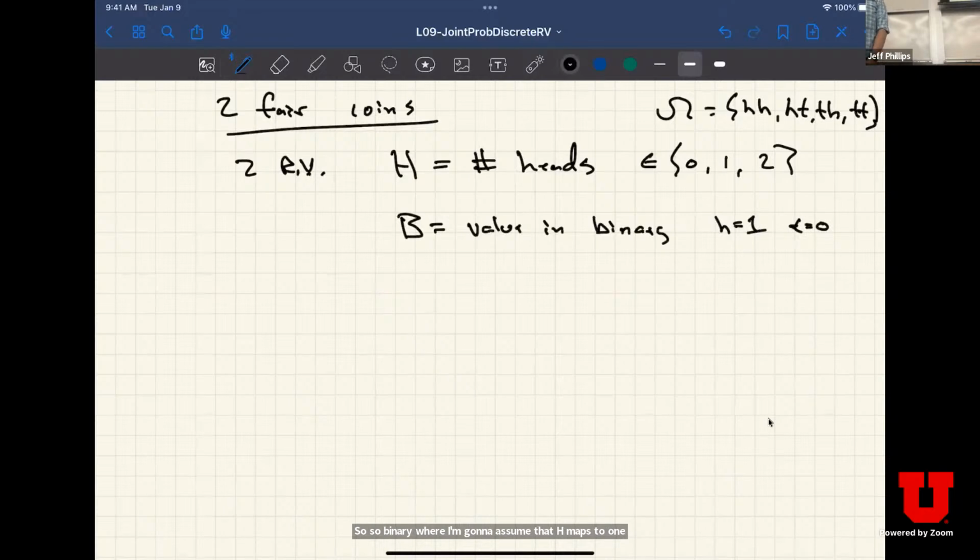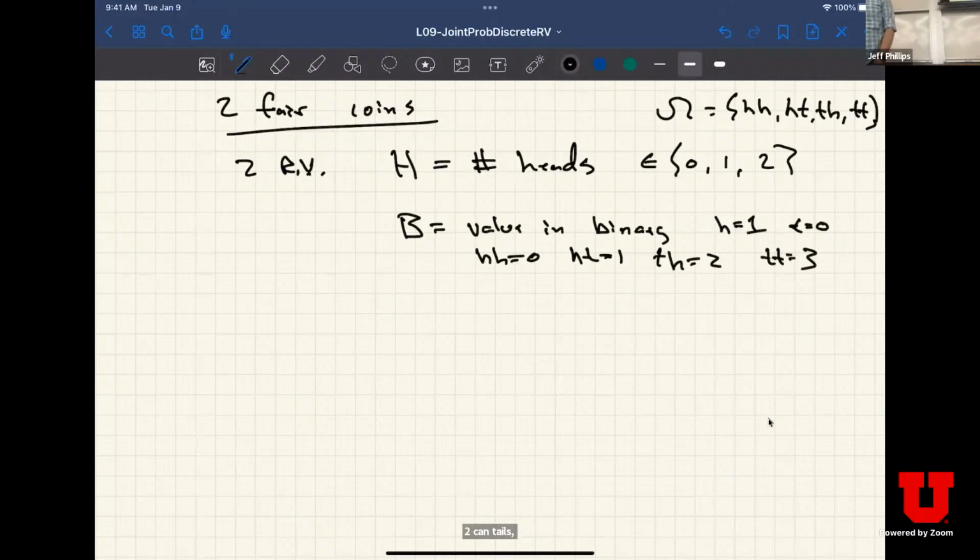So heads-heads equals 3, heads-tails equals 2, tails-heads equals 1, and tails-tails equals 0. That is 11, 10, 01, 00.